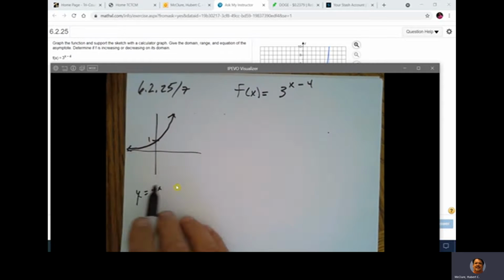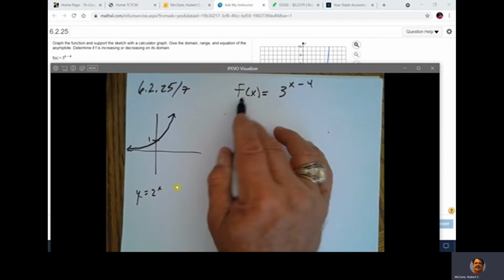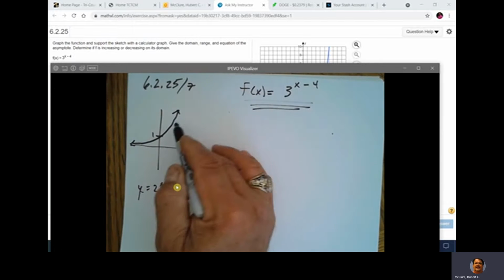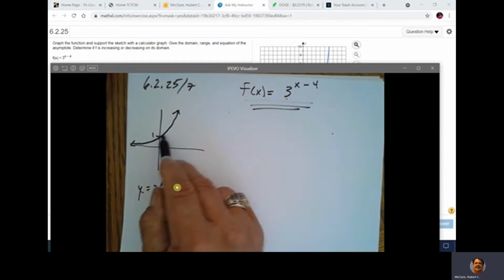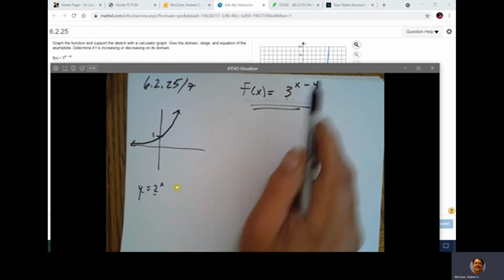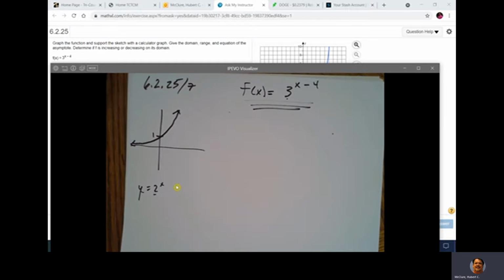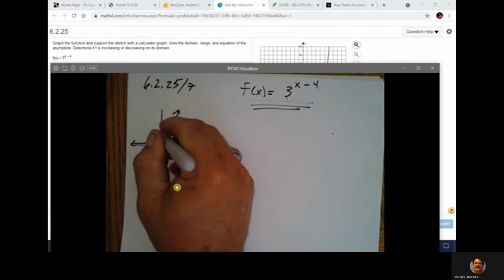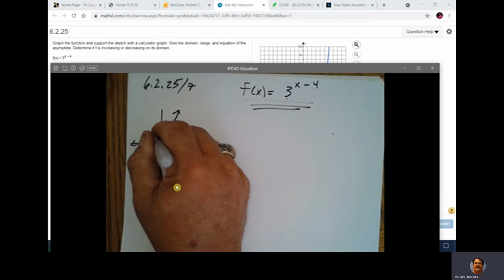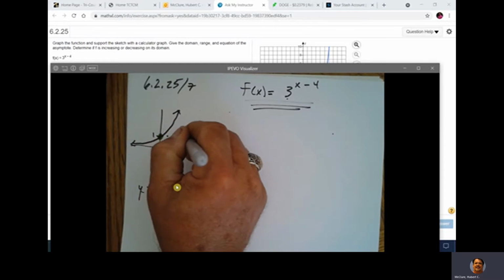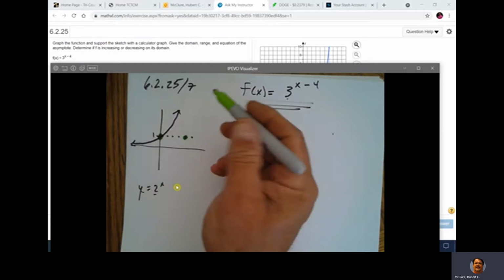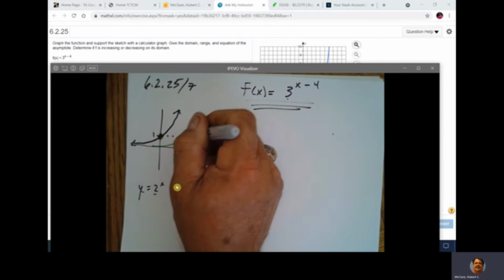This function follows that same shape, and 3 is not far from 2, so I'm not worried about the 3. But the negative 4 means 4 places to the right, a horizontal shift. So 1, 2, 3, 4. Now it looks like that.